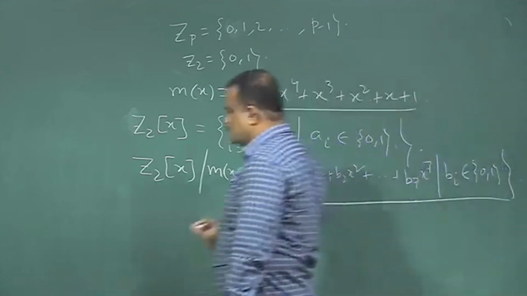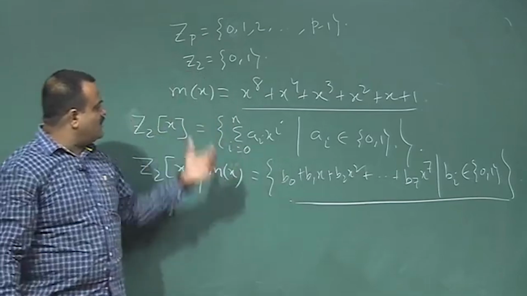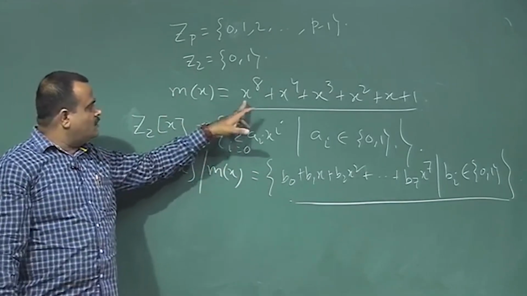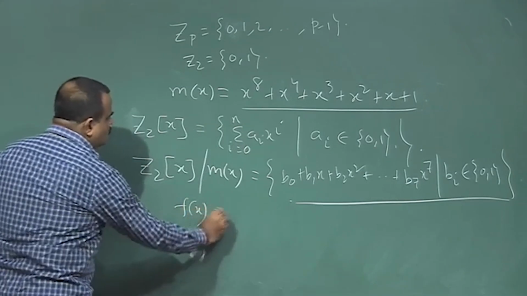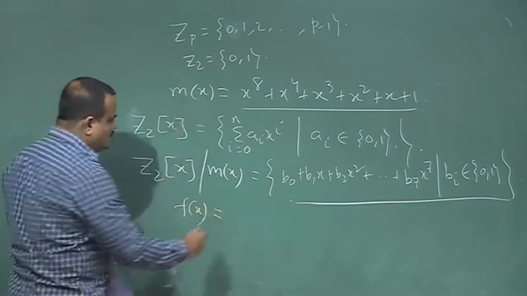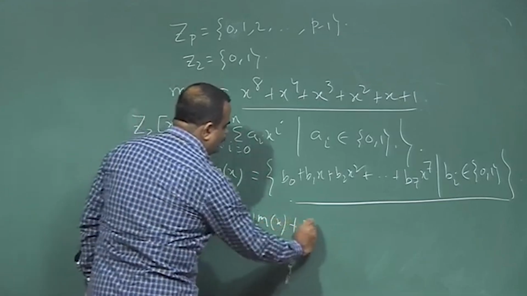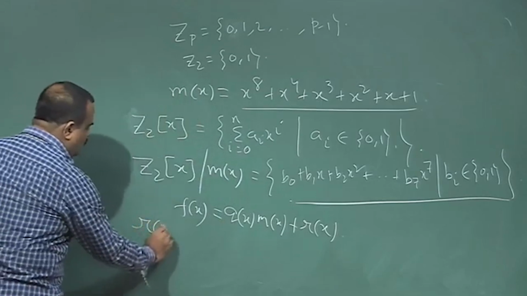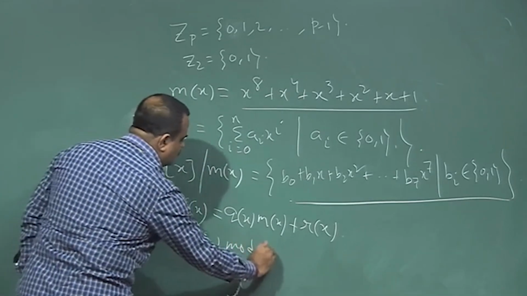So, the idea is we take an arbitrary polynomial of any degree, then we try to divide that polynomial by this polynomial. We will get some quotient and some remainder, and that remainder is basically f(x) mod m(x).